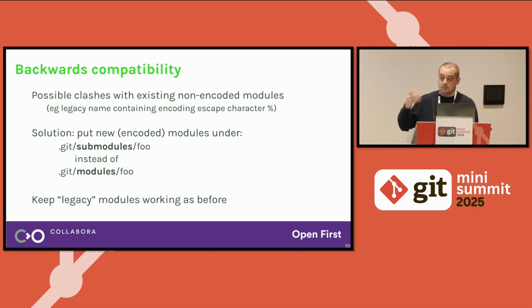Any new submodule after landing this series will be created under the submodules path. That's how you keep them separated. You want to avoid situations where a pre-existing module already has escaping characters from the encoding which you use. And the idea is for the legacy modules to work as before.